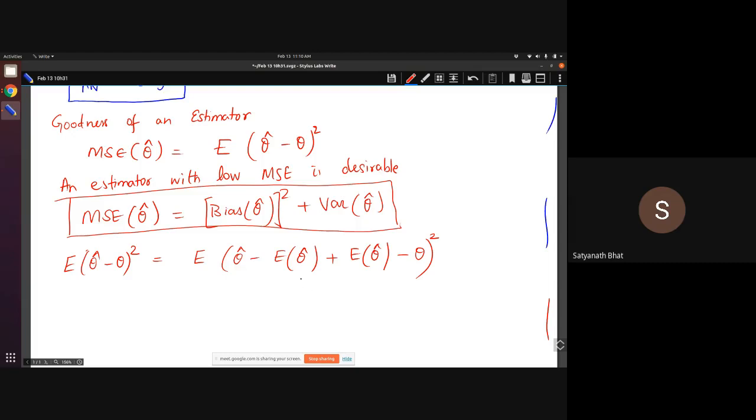When we have something like this, you can use your regular A plus B formula and expand it. There is nothing wrong, because you are taking the expectation over this entire thing. So this will be the expected value of theta hat minus the expected value of theta hat, whole square, plus... Let me know if I make any mistakes, because I could make a mistake here with so many notations.